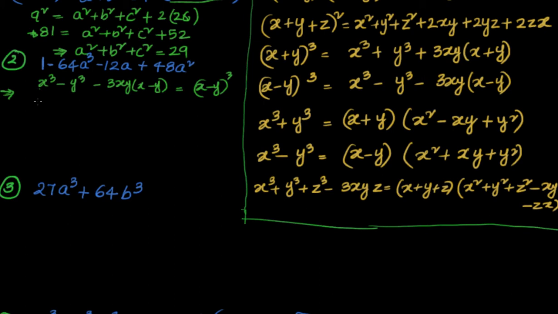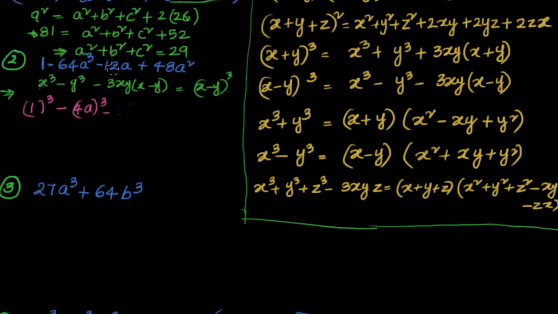So let's go ahead. We'll say 1 whole cube, that is fine, minus, I know 4 cube is 64, so I can say (4a) whole cube, minus 3 into, let us see whether this works out this way or not. Let me just go back a little bit.